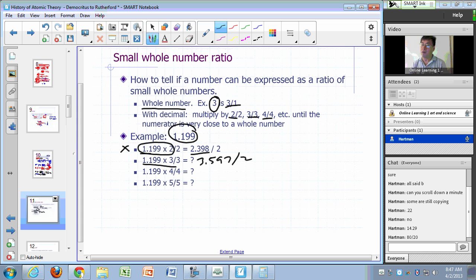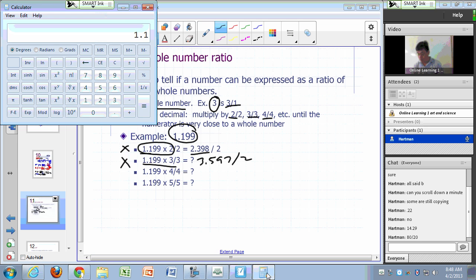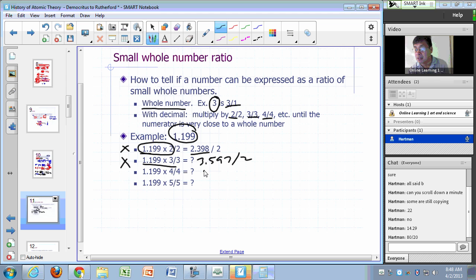That's still far from a whole number. Okay, what about 1.199 times 4? That's 4.796 to 4. 4.796 is still too far from a whole number. So that's not going to work.